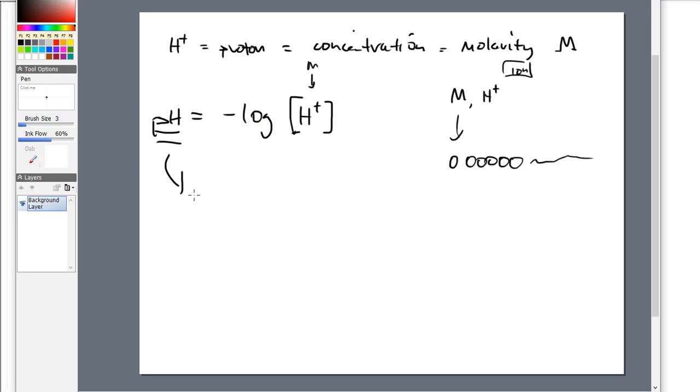Now, here's the thing with pH. P, a lot of the time in these chemical calculations, represents negative log. That is what P represents. It means P, negative log. So we negative log the H concentration. Folks, that's all that we've got to do.